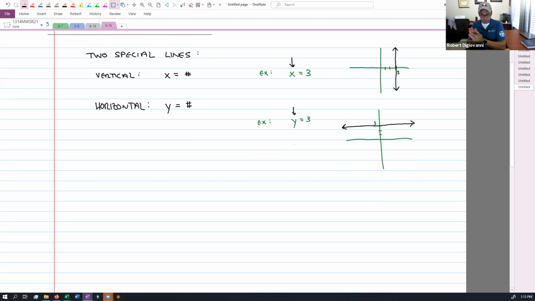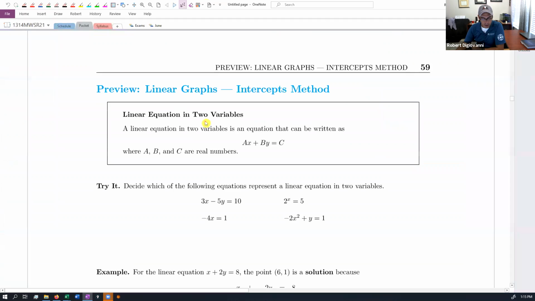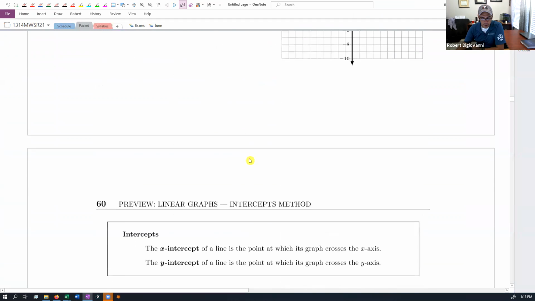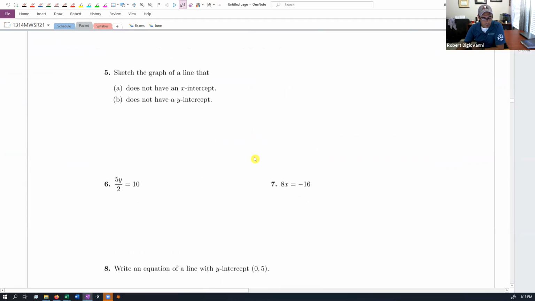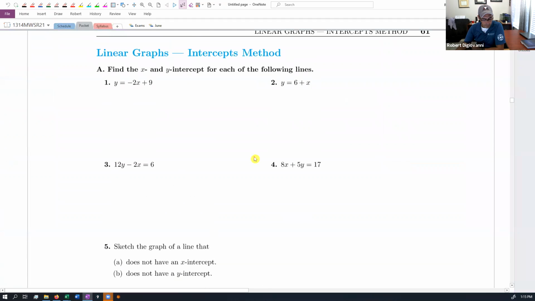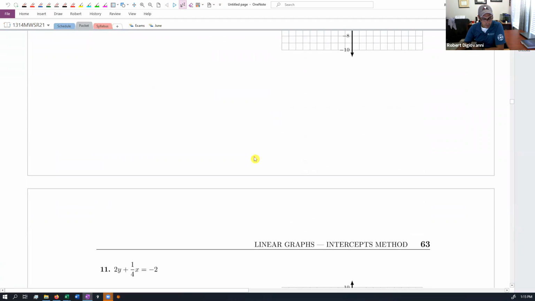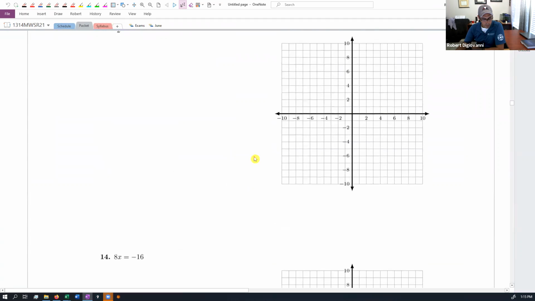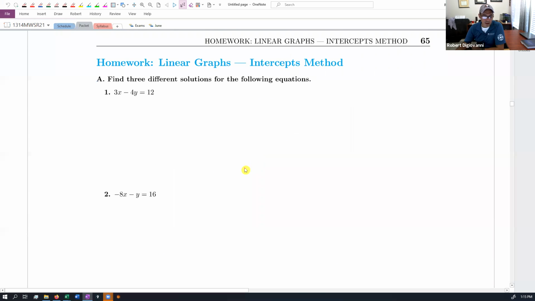Okay. Now, let me get to the packet again. Let's take a look at where we are here. Okay, so this is the homework for this section. First thing, find 3 different solutions for the following.